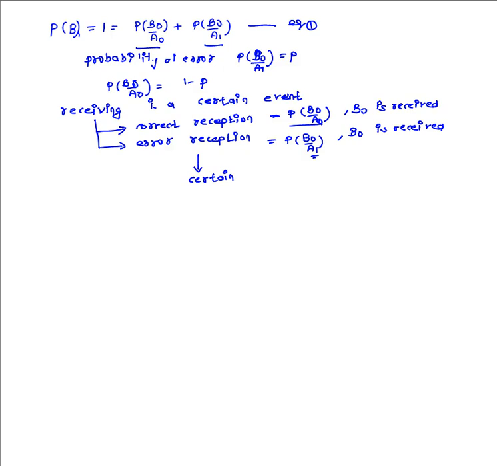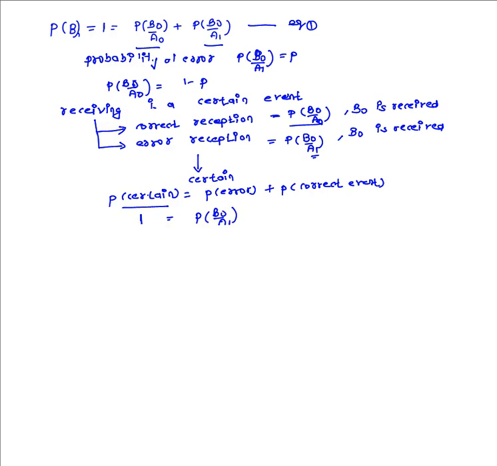So the probability of this certain event is the probability of error event plus the probability of correct event. Since the reception is certain, we take the probability of certainty as 1. Probability of error we have taken as p, the probability of receiving 0 when 1 is transmitted, probability of B0 divided by A1.